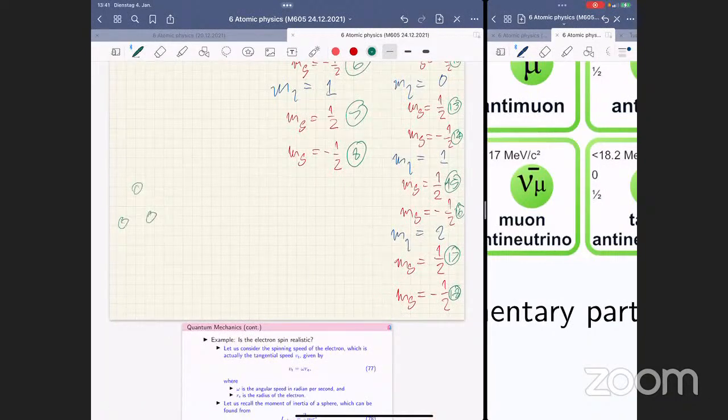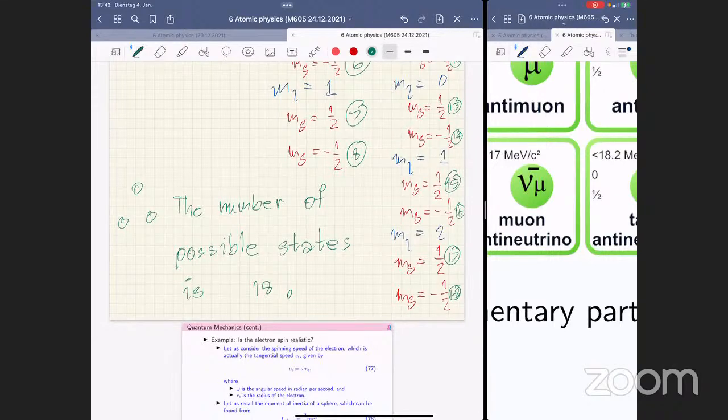Therefore the number of possible states is 18. We have 18 possible states for the electron orbits.